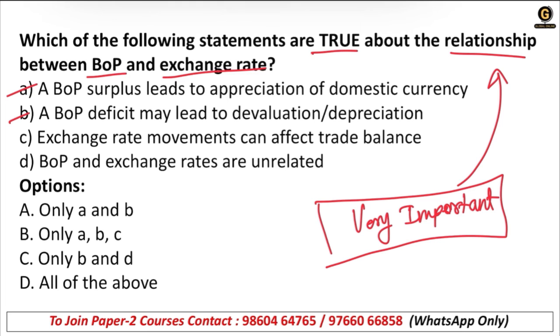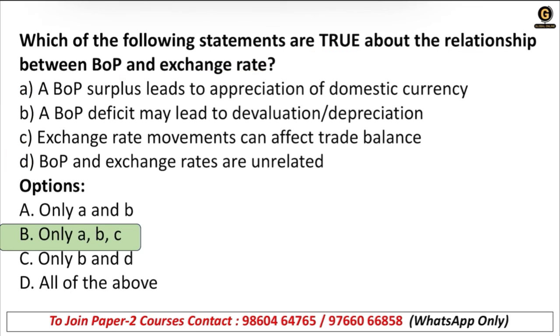B, a BOP deficit may lead to devaluation or depreciation. C, exchange rate movements can affect trade balance. And D, BOP and exchange rates are unrelated. Options are: A and B only, A, B, C, B and D only, or all of the above. So the right answer is option A, B, C only.